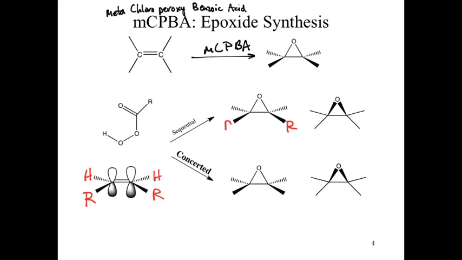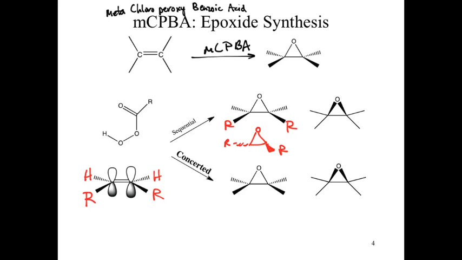We'd have the possibility of our R groups being right next to each other, but also the possibility of our R groups being away from each other because of that sigma bond rotation. And because having them away from each other in theory makes a little bit more sense, we might actually expect to see those as far away from each other as possible.